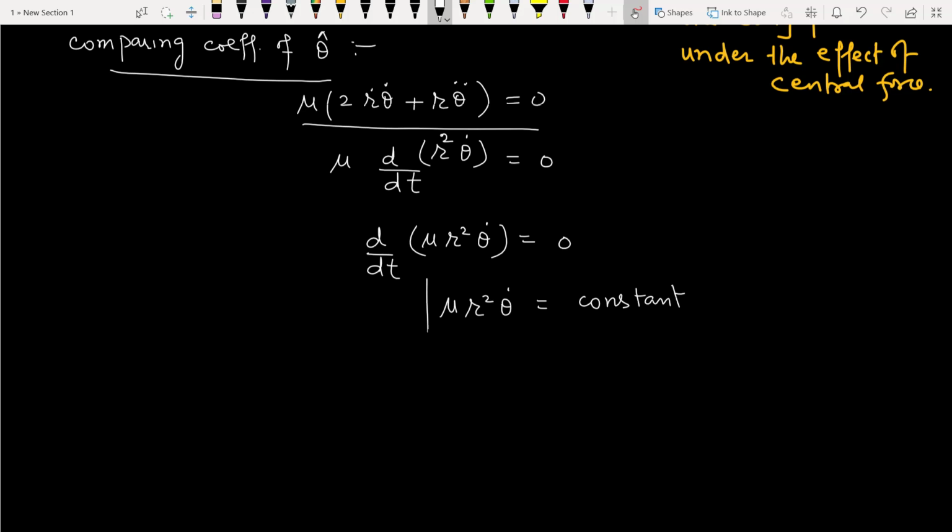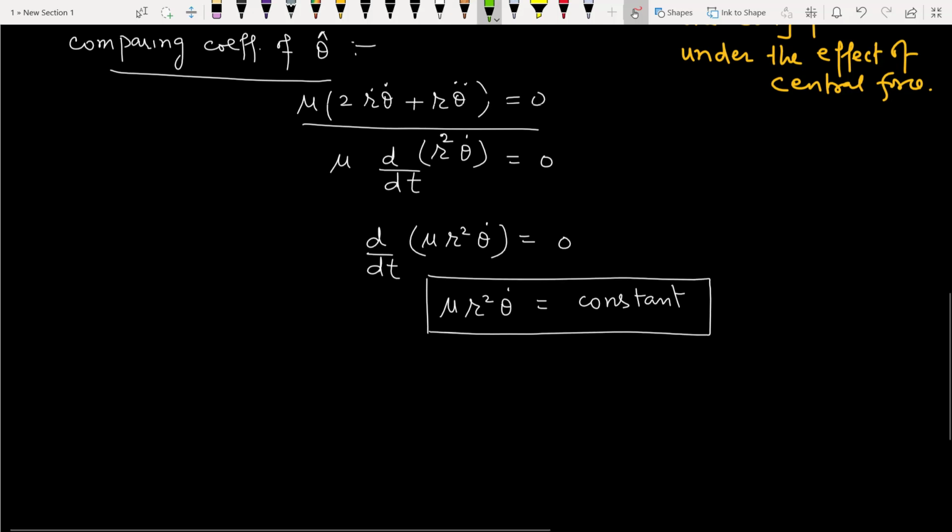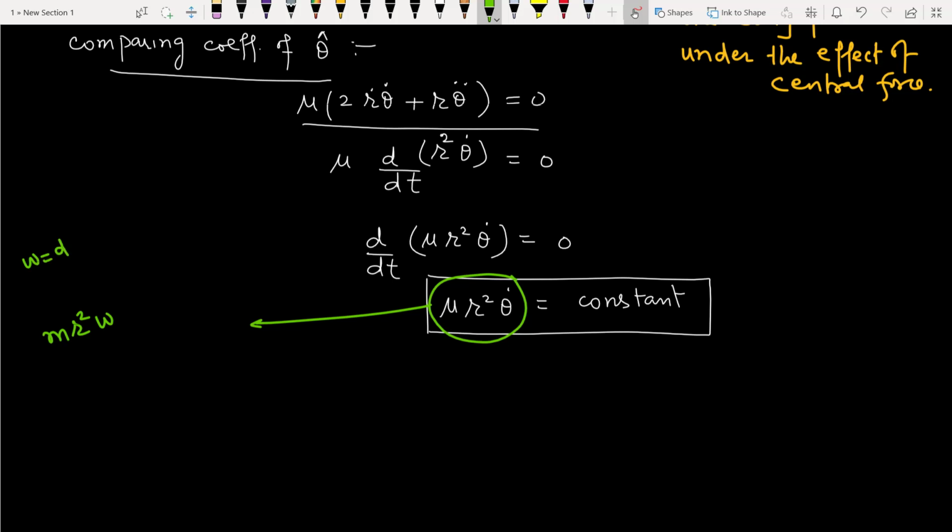So dear students, you might have studied this quantity in lower classes. It is of the form m r square theta dot, which is m r square omega, because omega is equal to d theta by dt, which is theta dot. So what is this quantity? This is called angular momentum. So L is equal to constant.